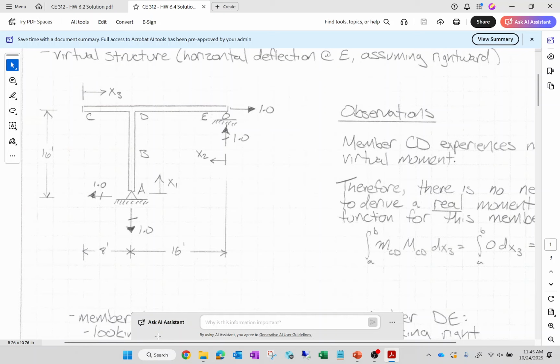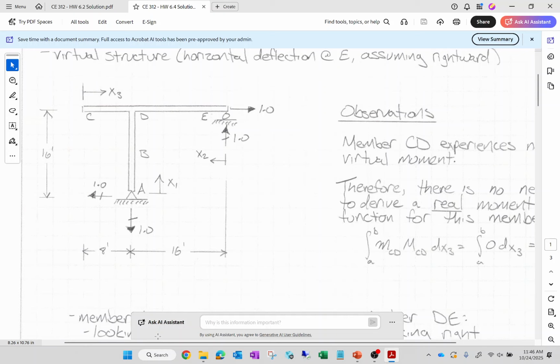If you sum moments here, you got 1 times 16, so this is 1 up, that's 1 down. Everybody with me on that? Now, the thing about this problem is that there's 3 members. There's this beam, this column. What is going on in this beam is absolutely nothing for the virtual structure.